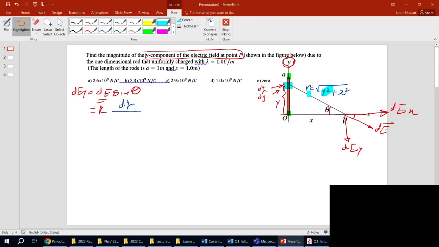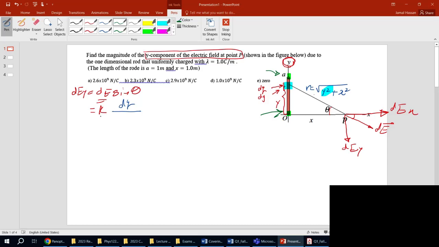And you see that this y keeps changing, right? If you take the next small pieces to the left or right of the one we selected, you see that y changes all the way from 0 to A. So y is variable, going from 0 to A, and this is important.